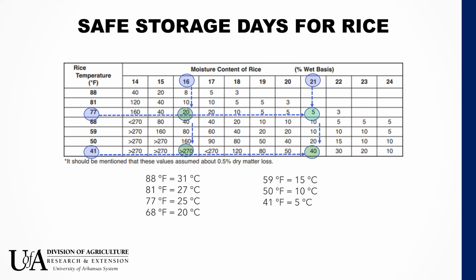Now, you can see from this chart here, we have moisture content ranges, and we also have storage temperature ranges, and then within that, we have the safe storage durations. When the rice comes off the field at 21% moisture content, if we are going to store it under ambient conditions, about 77 degrees Fahrenheit, which is about 25 degrees Celsius, we have about 5 days before that grain dry matter loss exceeds 0.5%.